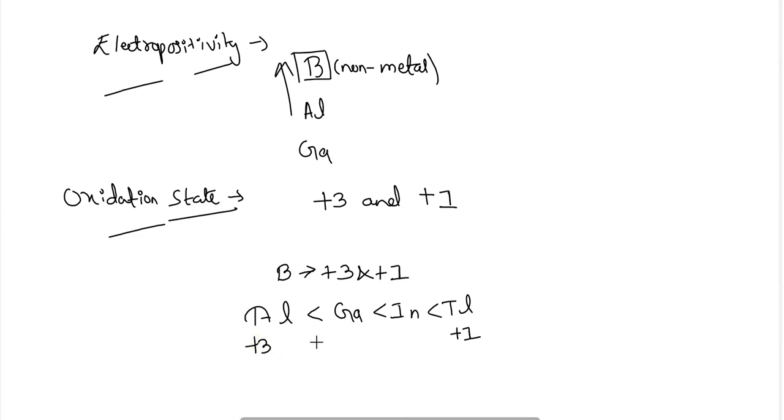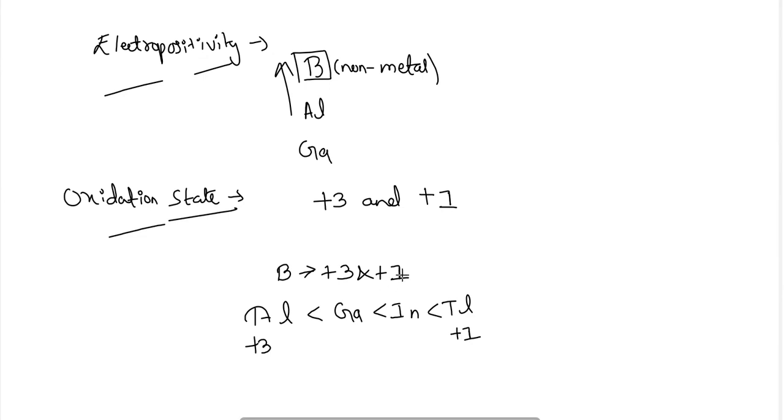So the stability of the plus 1 oxidation state will be decreasing as we move to the smaller elements in group 13. And thallium will have higher stability in the plus 1 state than indium, gallium or aluminium.